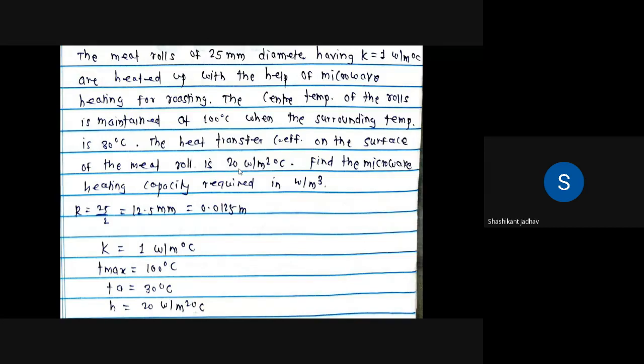The meat rolls of 25 diameter having K is equal to 1 watt per meter degree Celsius are heated up with the help of microwave heating for roasting.